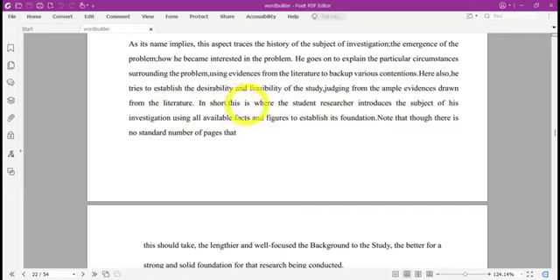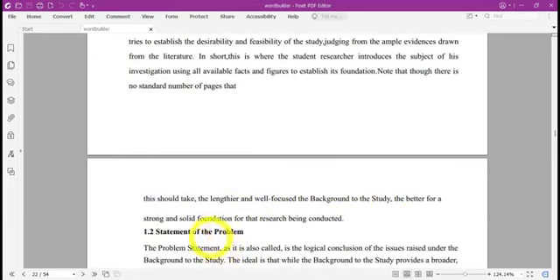In short, this is where the student researcher introduces the subject of his investigation, using all available facts and figures to establish his foundation. Note that though there is no standard number of pages that this should take, the lengthier and well-focused the background to the study, the better for a strong and solid foundation for the research being conducted.